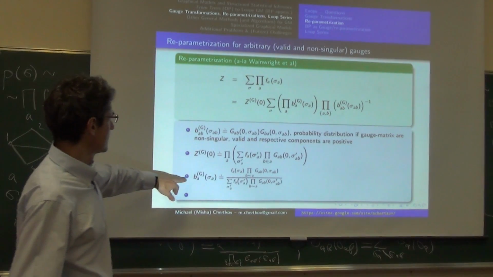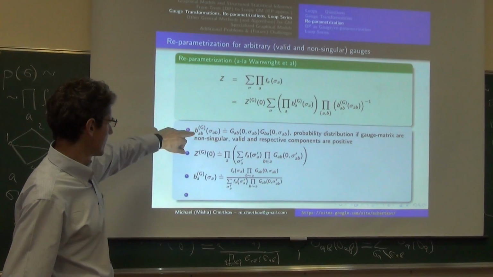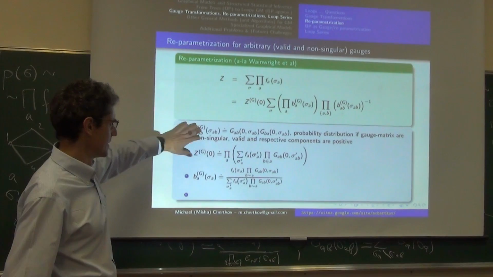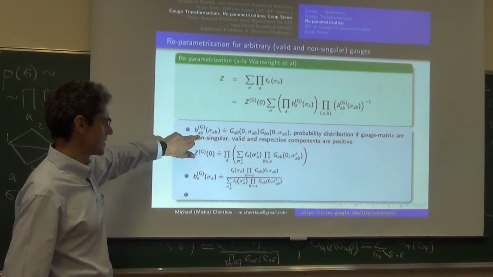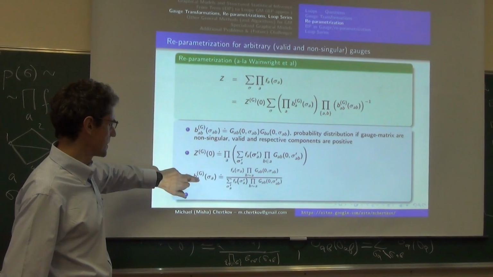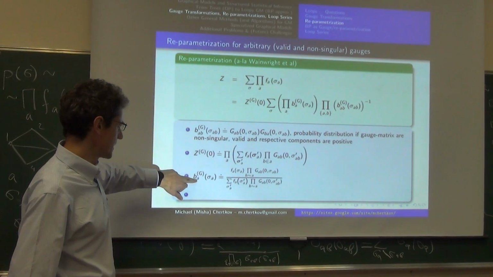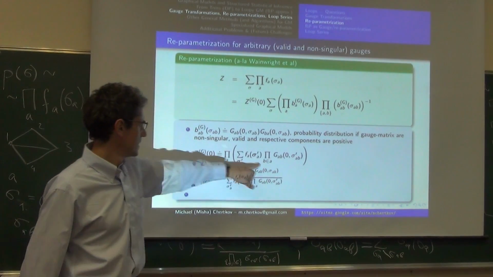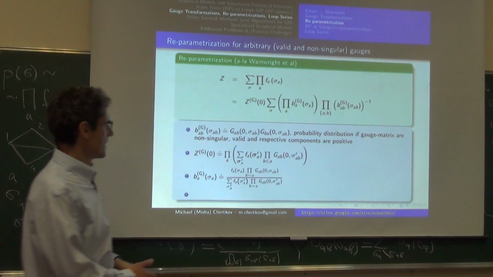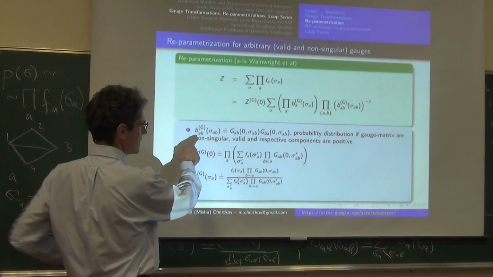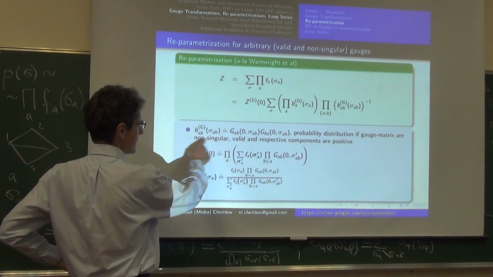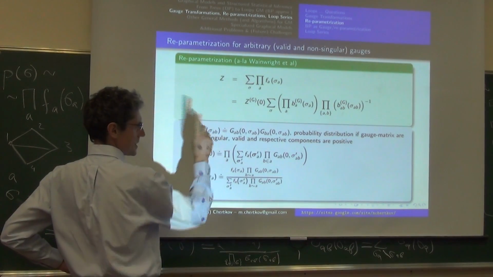Then I introduce objects which will become beliefs associated with edges. And those are objects which very soon will become beliefs associated with vertices. That's my notation. And by the way, you can check immediately that if I sum this object over sigma b, I will get 1.